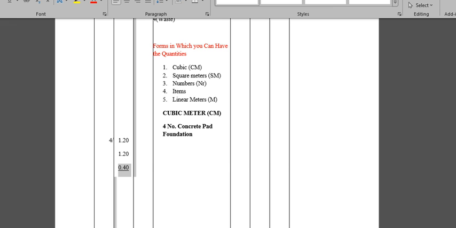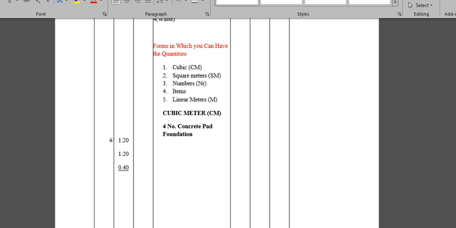This is a Word version, so the quantity should be here. So you have 4 times 1.2 times 1.2 times 0.4.